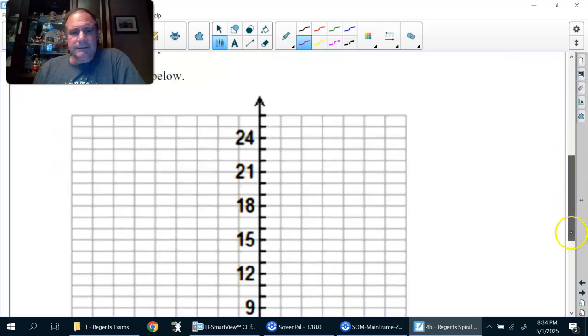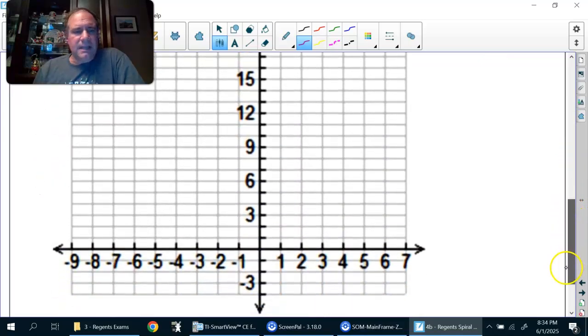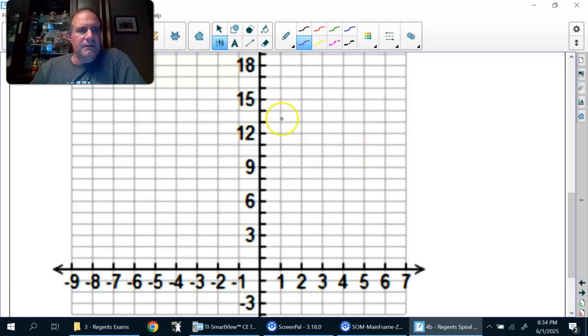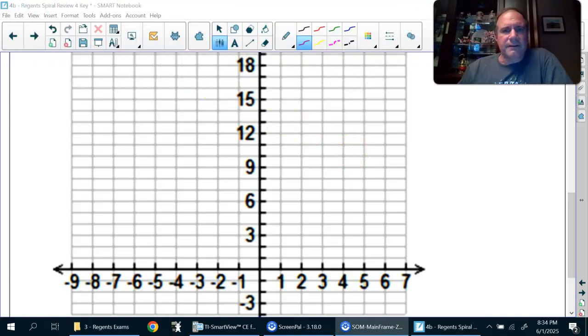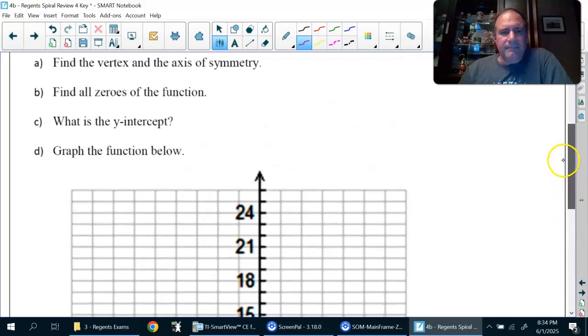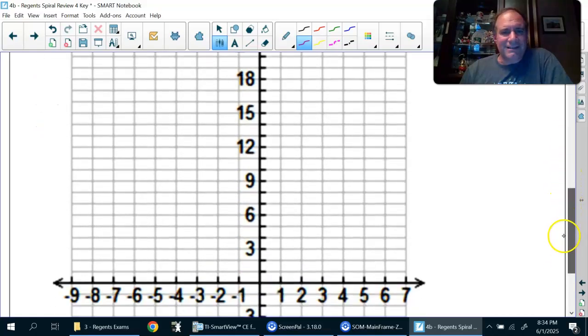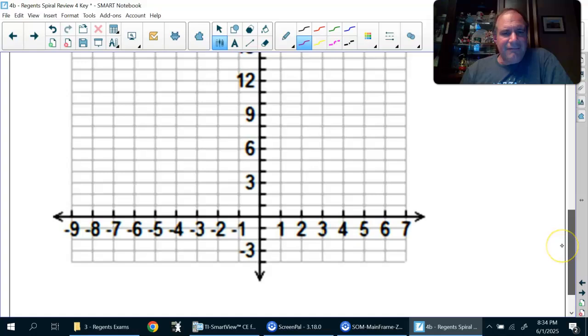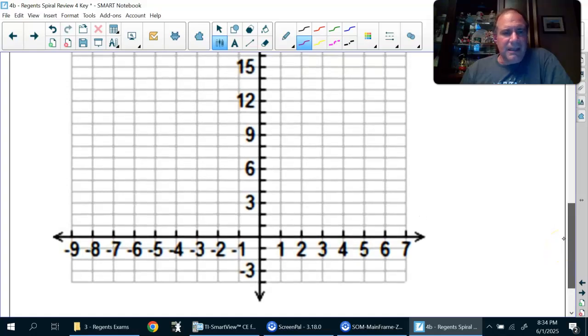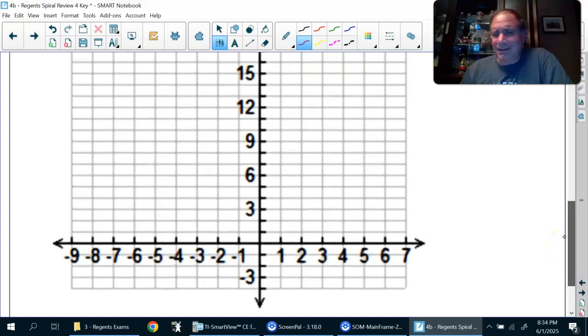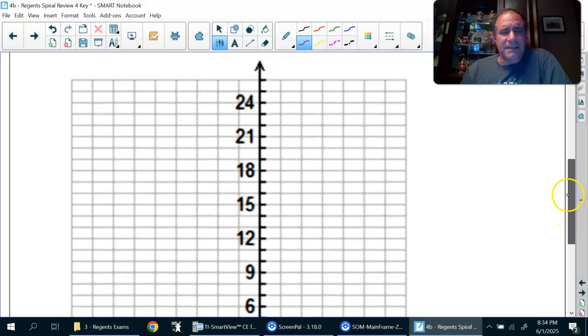But the problem is that I don't have a 10 by 10 graph here. So I have a y that goes up to like 26. I have an x that is negative 9 and 7. And I'm not going to mess around with this.